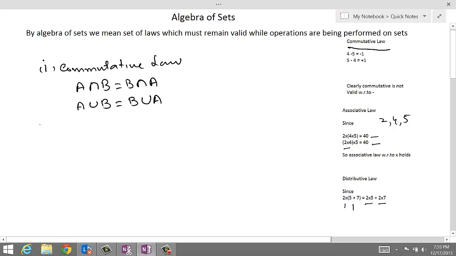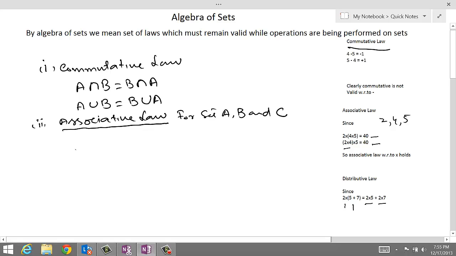And second is associative law. We know that for associative, we need to take 3 sets, A, B, and C. A union within bracket B union C is same as if we have taken union of A and B first, and then we take union with C. The answer is going to be same.